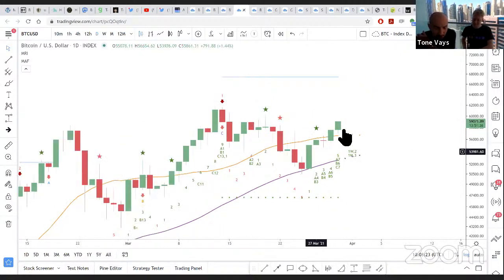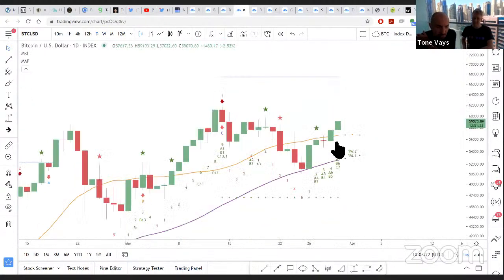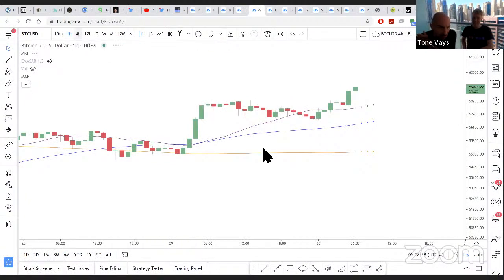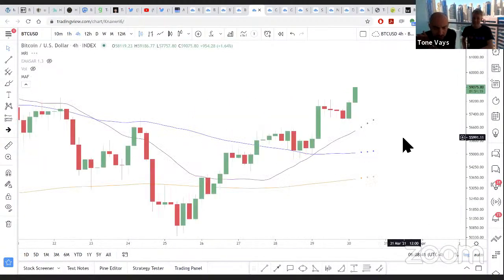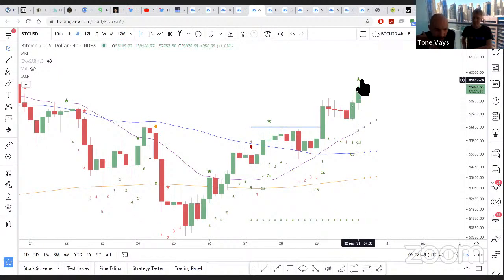We still have room on the MRI daily. The weekly chart now has a green star. I am now bullish on the weekly scale and on the daily scale. On the 4-hour scale, I am obviously bullish. We just had a 4-candle consolidation with a little bit of a drop, and another green star that makes me bullish as well.